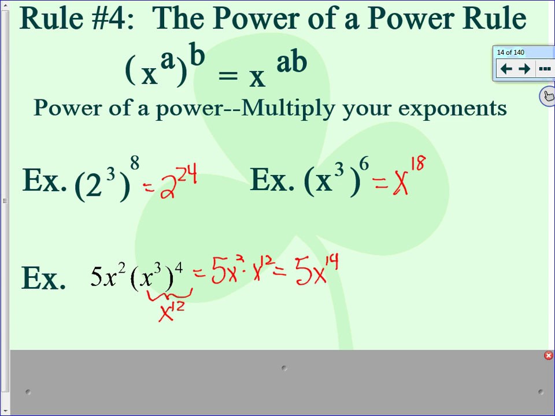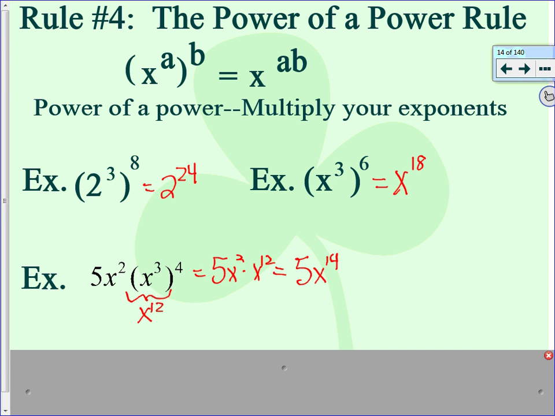So she had to use actually 2 different rules there. She had to use the power of a power rule to find x to the 12.